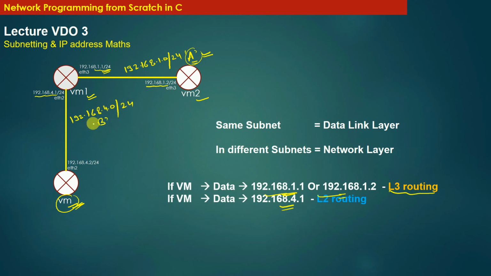Let's call this subnet B. Now this subnet is a local subnet with respect to the sending machine, that is the router VM. So subnet B is a local subnet of the router VM, and VM is trying to ping an IP address which lies in the same local subnet B. So in this case L2 routing will be used for data delivery from the router VM to router VM1.